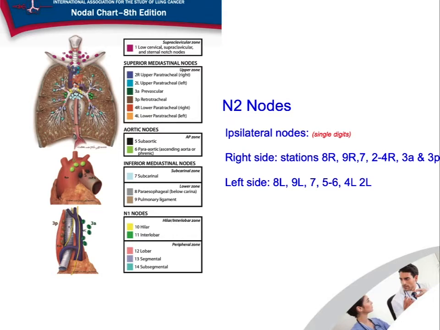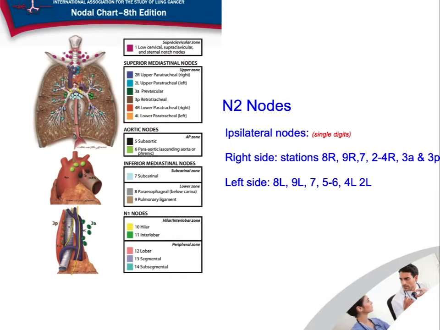If we follow the sequence of how we harvest these nodes surgically, then on the right-hand side, from bottom to top, these will be stations 8R, 9R, 7, 2 and 4R, 3A, and 3P. On the left chest, following the same sequence of dissection, this will be 8L, 9L, 7, 5 and 6, 4L, and 2L.